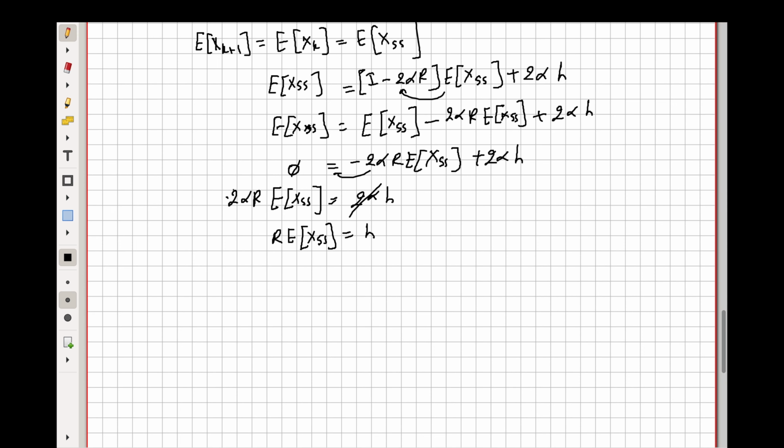So these two cancel out essentially, and in the end we can see that E of x_ss is R inverse h, which we have seen previously denoted as x star. So that's the complete proof.